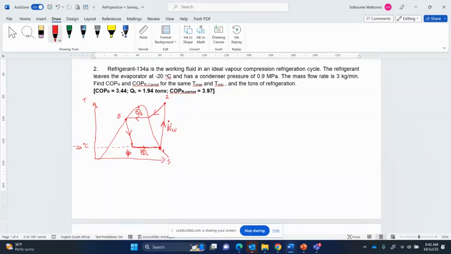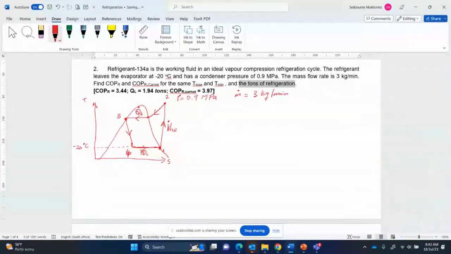And then the pressure, because it's ideal, the pressure at 3 and the pressure at 2 is 0.9. P here is 0.9 megapascals, MPa. What else do we have? That's all we have. And then we know that the mass flow rate, m, is 3 kg per minute.